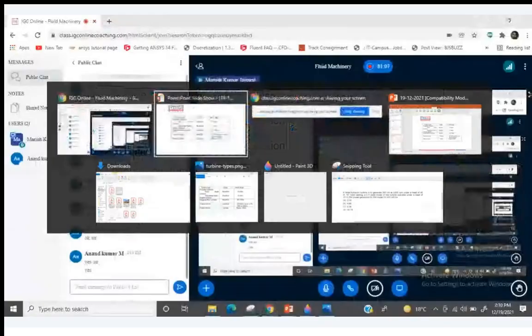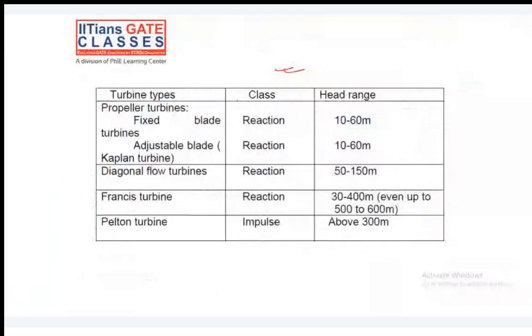Please note these things. If the turbine type is propeller or fixed blades, then the class is reaction and the head range is 10 to 60 meter or even below that. Adjustable blades are called Kaplan turbine, and the head range is between 10 to 60 meter.